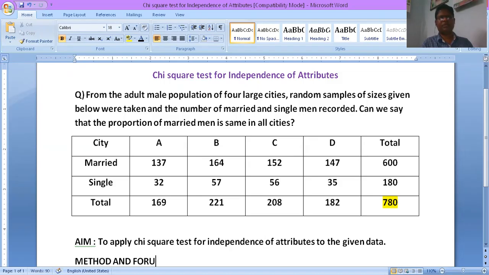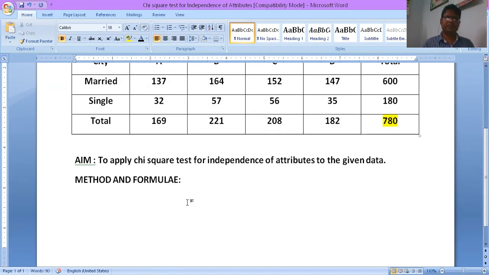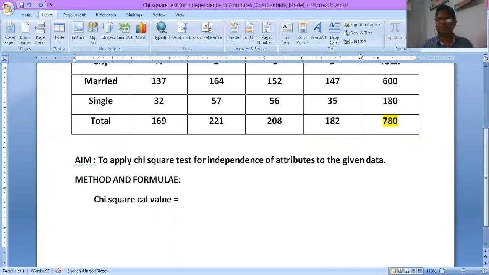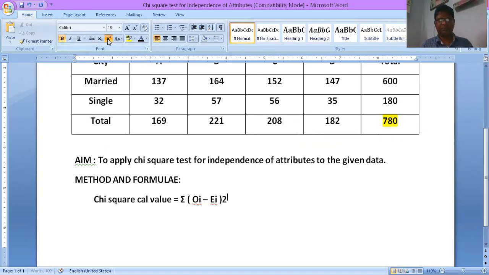Method and formulae. So chi-square calculated value can be obtained by using the summation of (O_i minus E_i) whole square divided by E_i. O_i are nothing but observed values of frequencies.